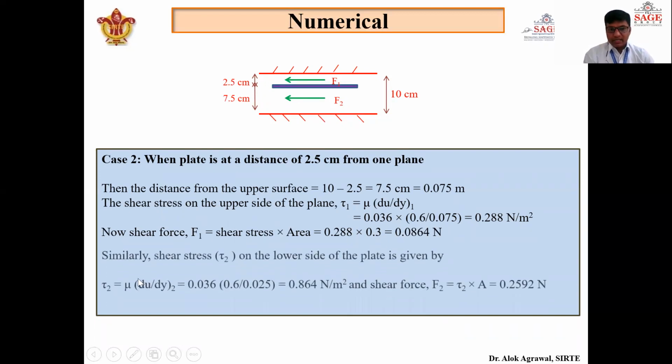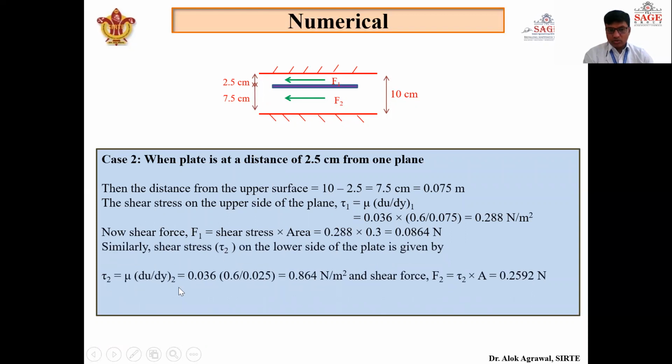In the second case, the shear stress tau2 is calculated by the same formula, but here dy changes to 0.025. So we get a different shear stress from the one calculated before. Here we get shear stress as 0.864 and the shear force likewise changes to 0.2592 Newton. The total force will be 0.3456 Newton.